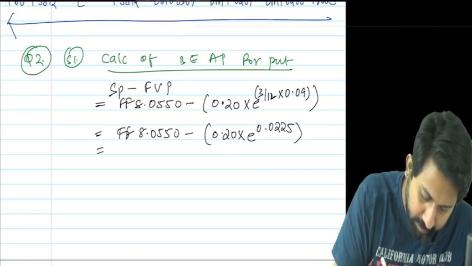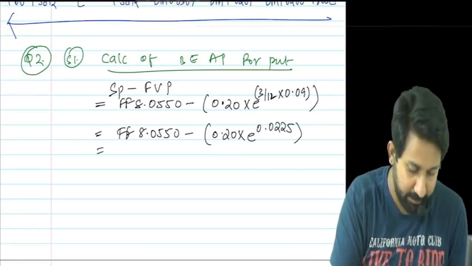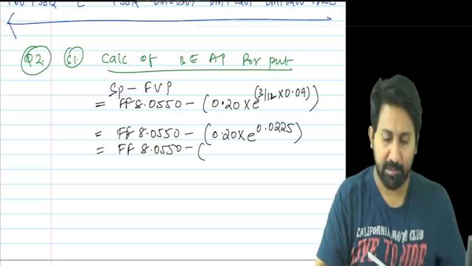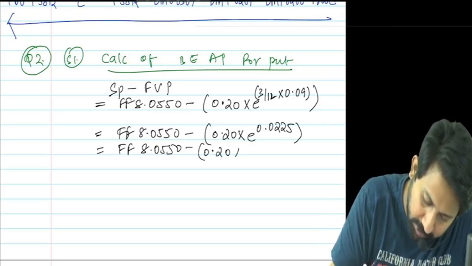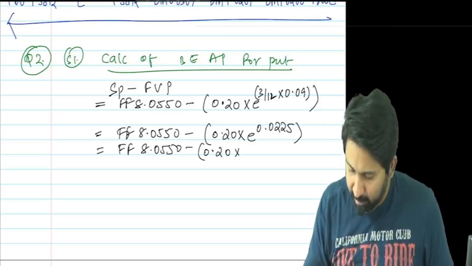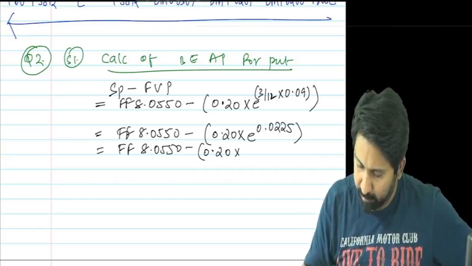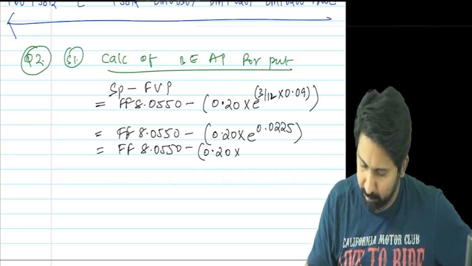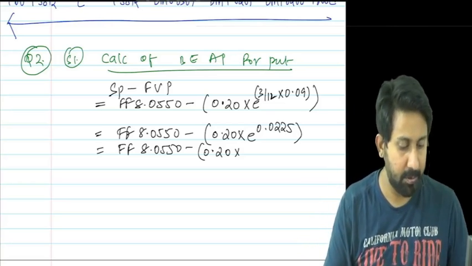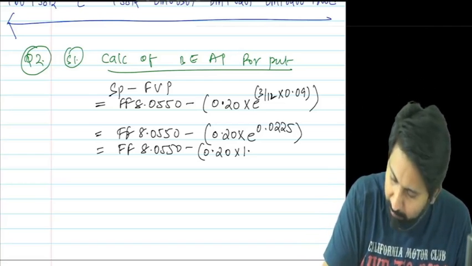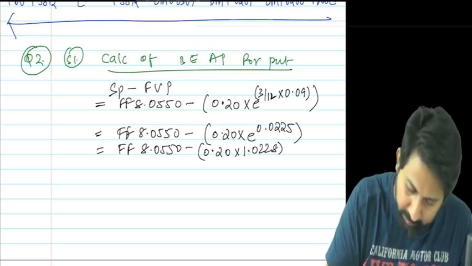e power 0.0225, so 8.0550 minus 0.20 into, do the calculation everyone. The answer is 1.0228.